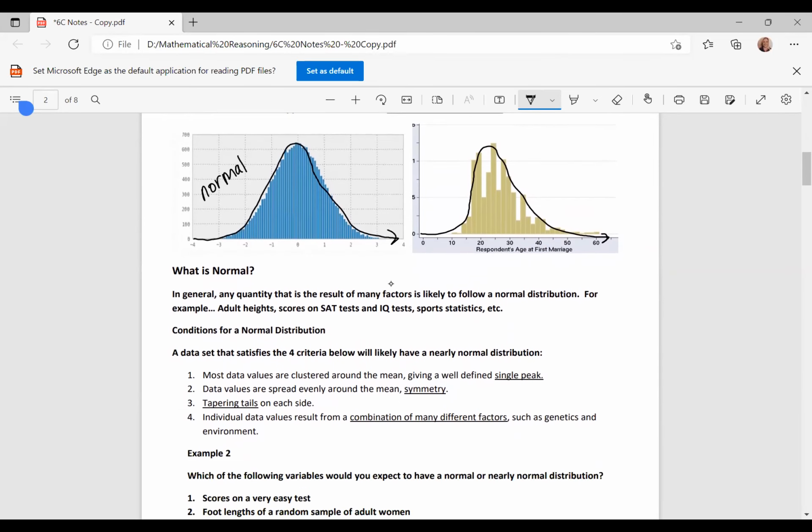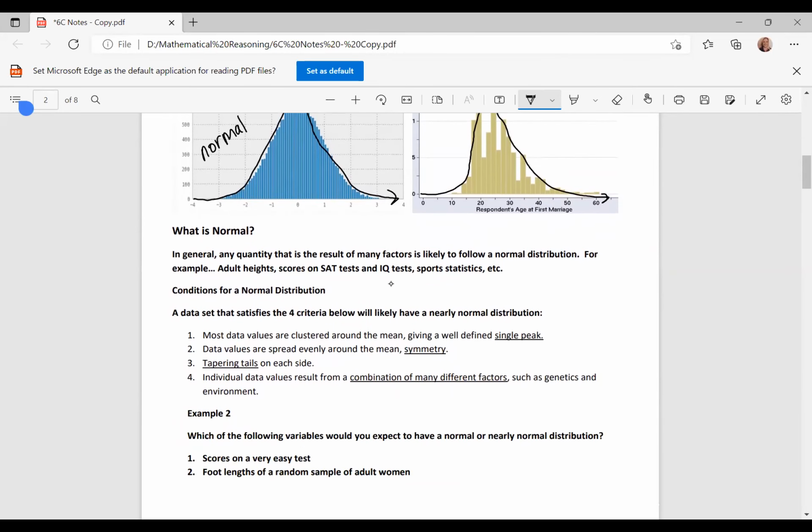So what is normal? In general, any quantity that is the result of many factors is likely to follow a normal distribution. For example, adult heights, scores on SAT tests and IQ tests, sports statistics. So the conditions for a normal distribution, what do we have to have? A data set that satisfies the 4 criteria below will likely have a nearly normal distribution.